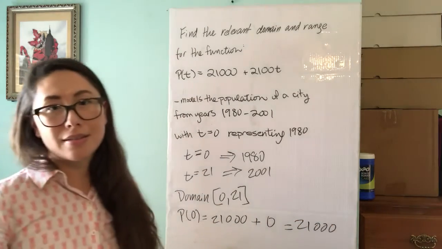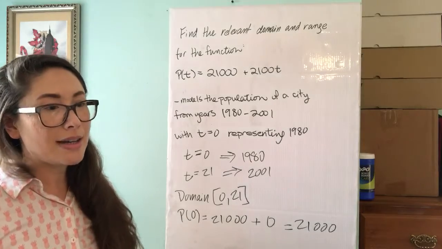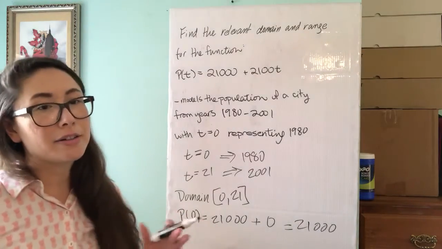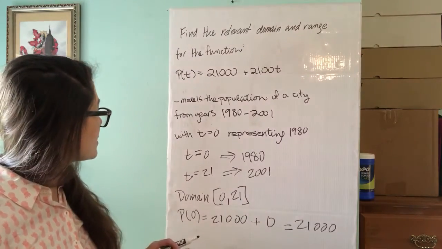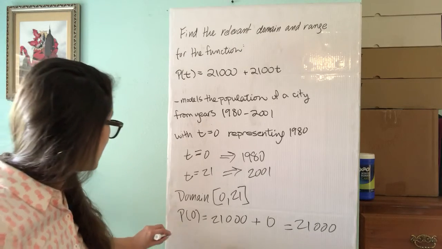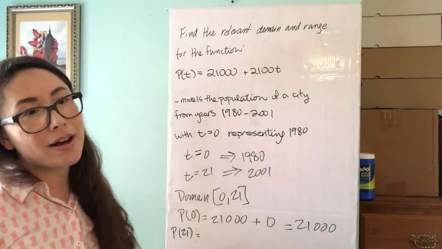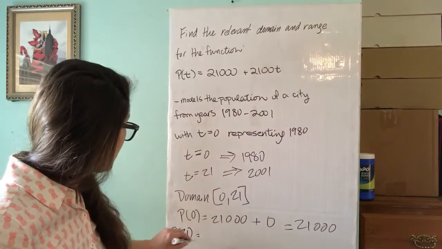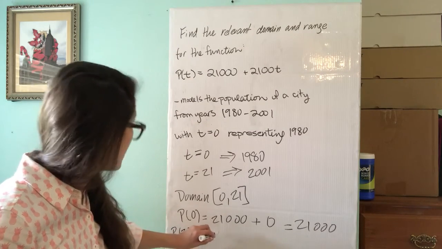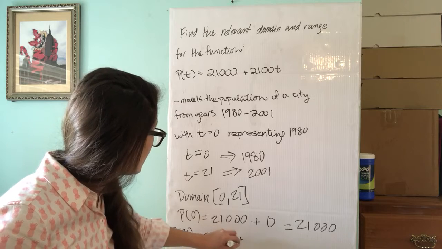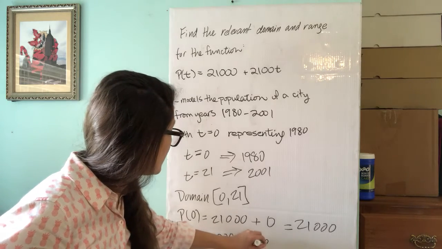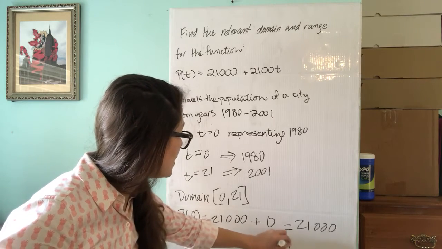That's your lowest population starting in 1980, because this population is growing, it's increasing. Your highest population will be at P of 21, because the higher the t value, the higher the population. So P of 21 will be 21,000 plus 2,100 times 21.